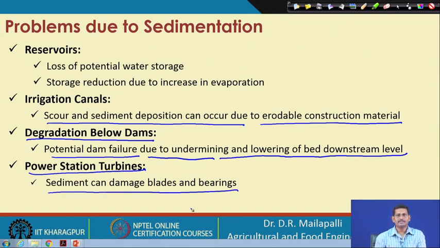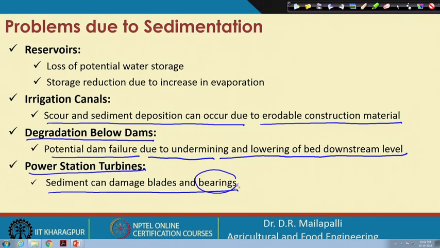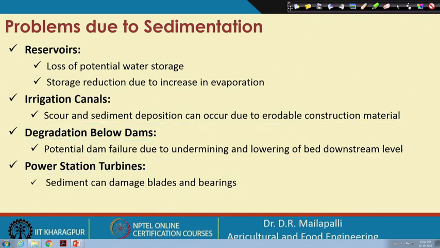So when you compare clean water versus water with sediments, definitely that will scour the blade of an impeller and also the bearings of the turbines, because the turbines are in contact with the water which is coming in.